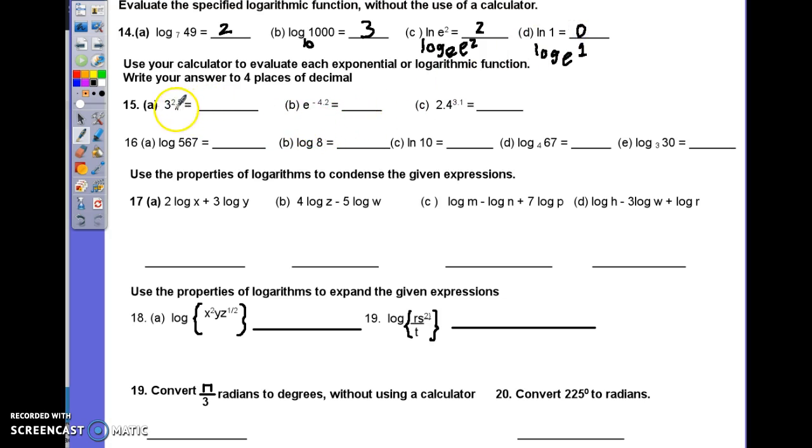All right, we get to these, and you just do this on your calculator, and these are all exponents. So let me see if I can supply you a couple of answers here. Exponentials.